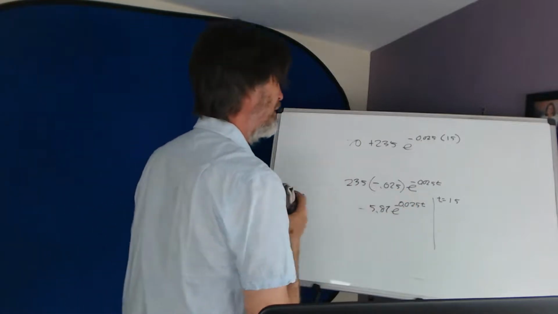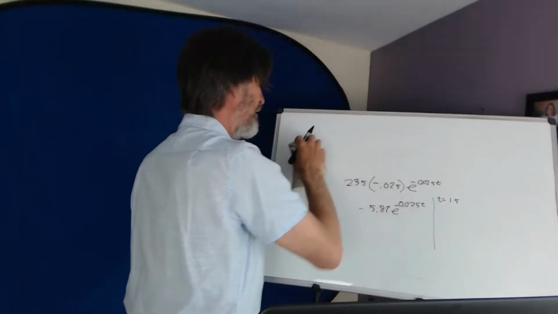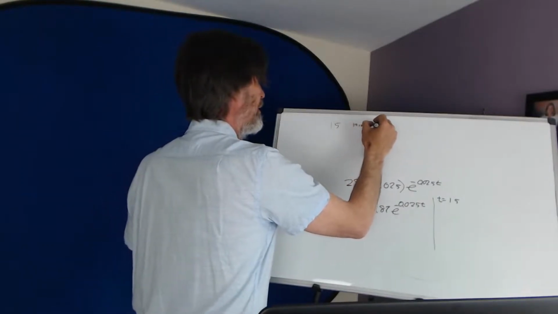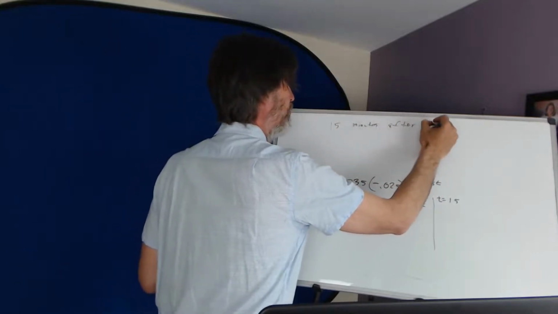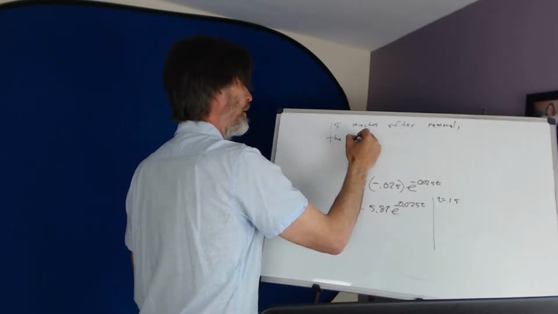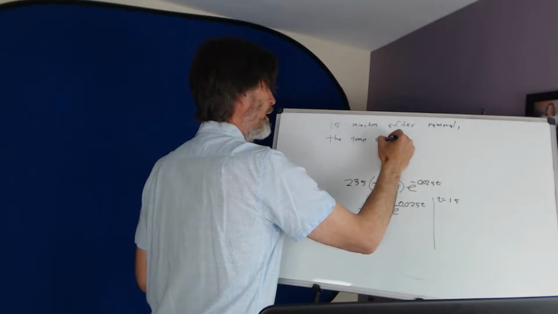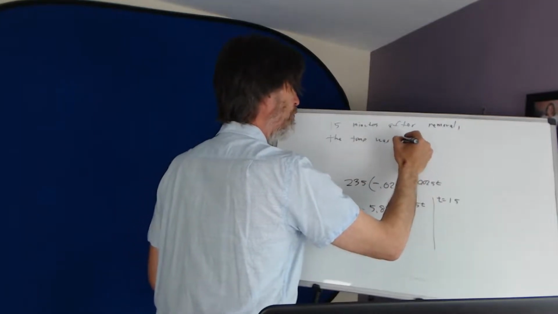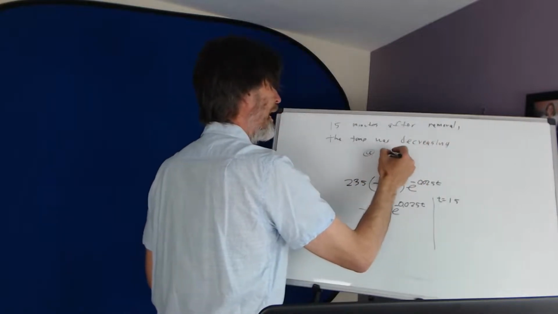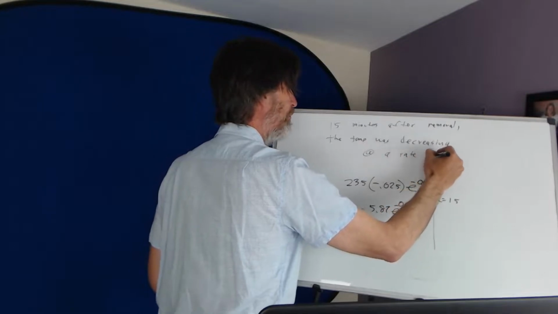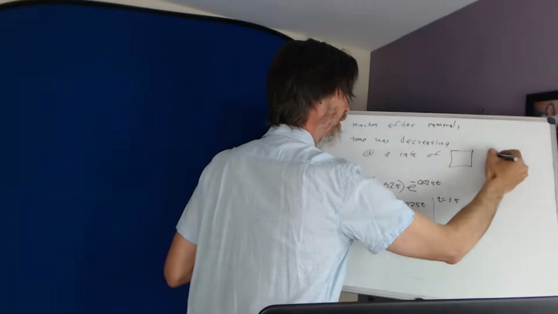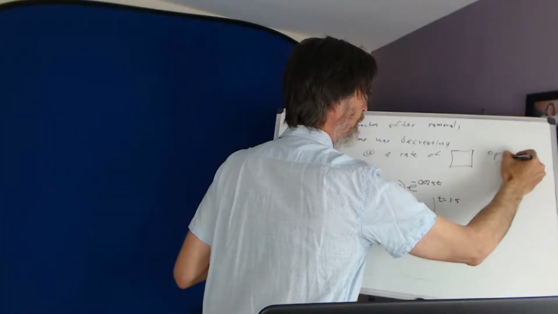So whatever this number comes out to be, I'll let you fill in the details here, but here's the sentence I would write. 15 minutes after removal, temp was, since this comes out negative, was decreasing at a rate of whatever number you got here, degrees Fahrenheit per minute.